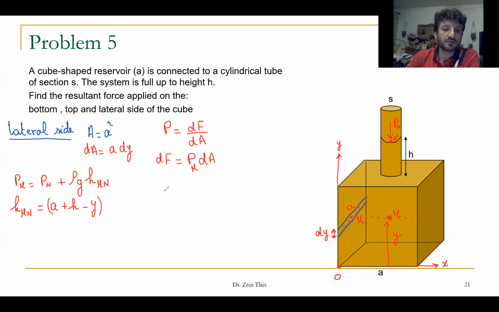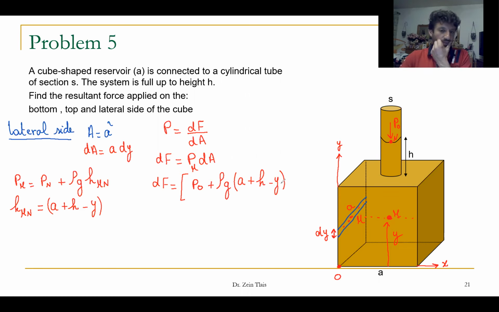So we can write here delta F equals PM, which is equal to PN, equals P0 plus rho g h, which equals a plus h minus y, times delta A, which is equal to a delta y. So this is the value of delta F.